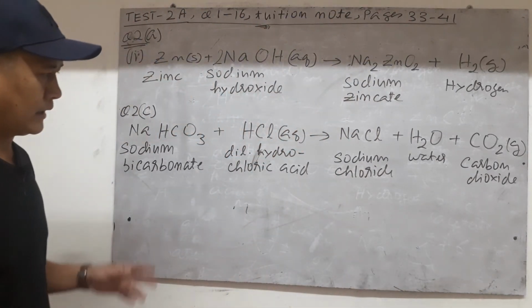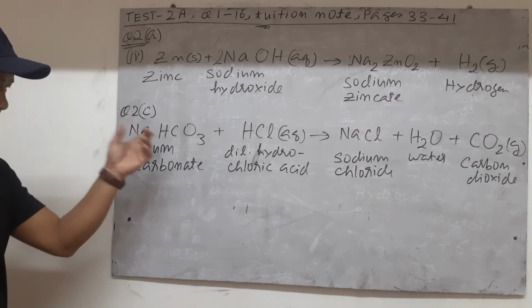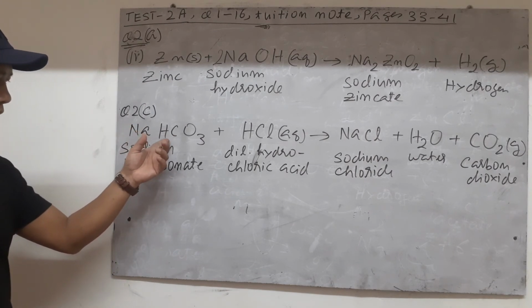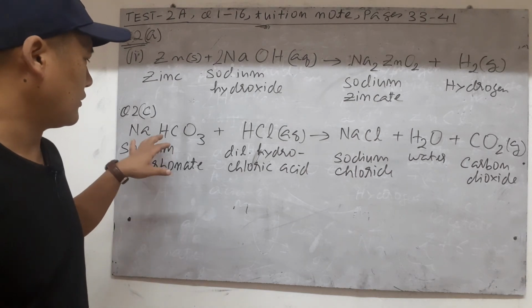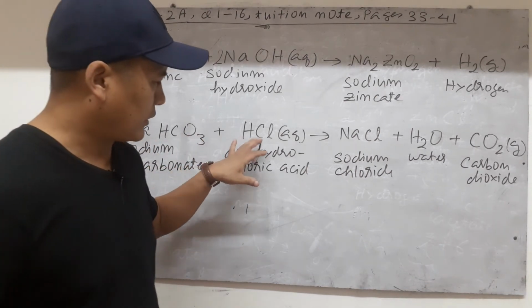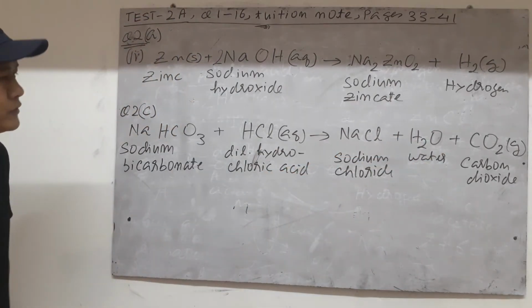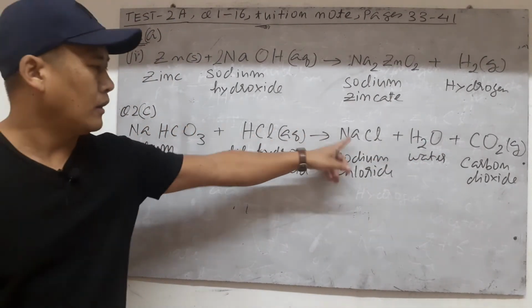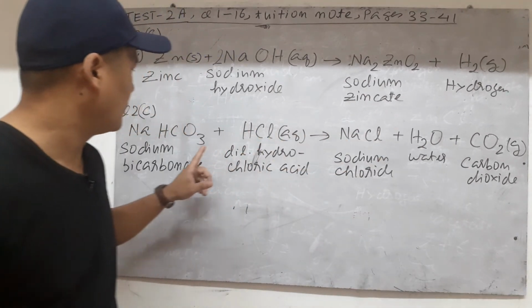So it's the same products as 2B, but it's a different compound. On the left, sodium bicarbonate here, the previous one was sodium carbonate. So when sodium carbonate or sodium bicarbonate reacts with dilute hydrochloric acid, the products are the same. Okay, but the balancing we have to check. Na is 1 here, also 1. H is 1 plus 1, 2, and 2.